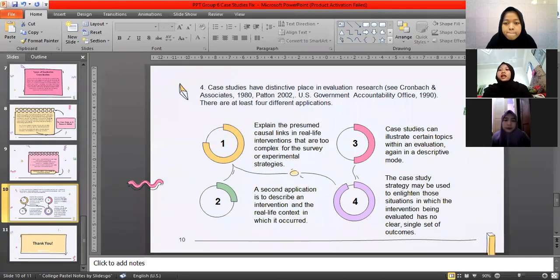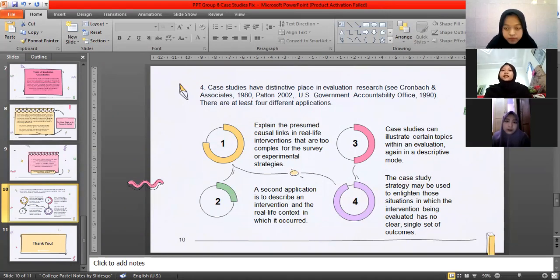See Kidder and Associates 1980, Patton 2002, U.S. Government Accountability Office 1990. There are at least 4 different applications. The first and most important is to explain the presumed causal links in real-life interventions that are too complex for the survey or experimental strategies.